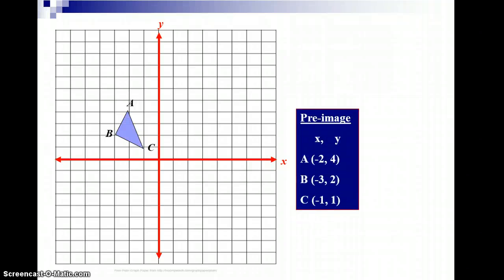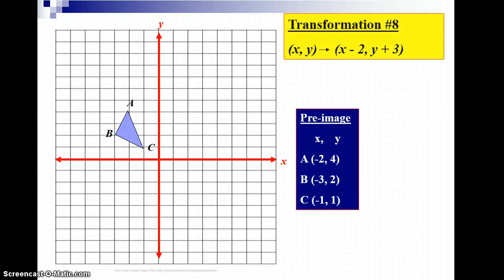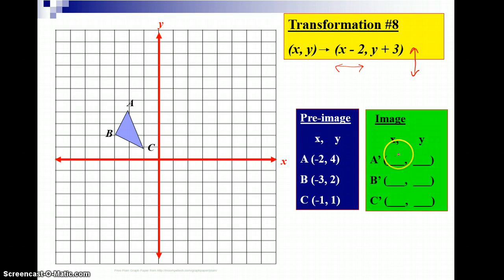And our last transformation. We are doing x minus 2, which way would that be? Y plus 3, which way would that be? Filling in your new coordinates, every x subtracts 2, every y adds 3.